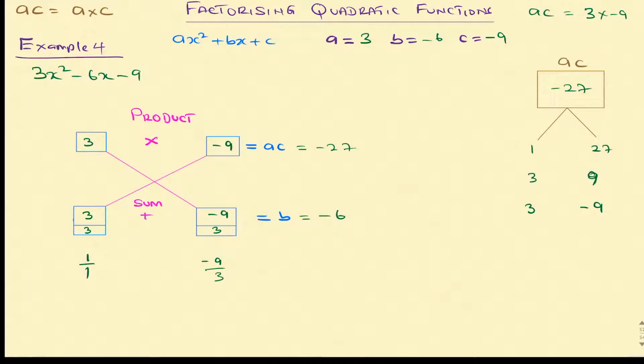The bottom box denominator is our x, so that's 1x, and the bottom box numerator is our constant, that's plus 1. So that's your x, that's your constant. Likewise for the other one, your x is 3x and your constant is minus 9. And we close the brackets.